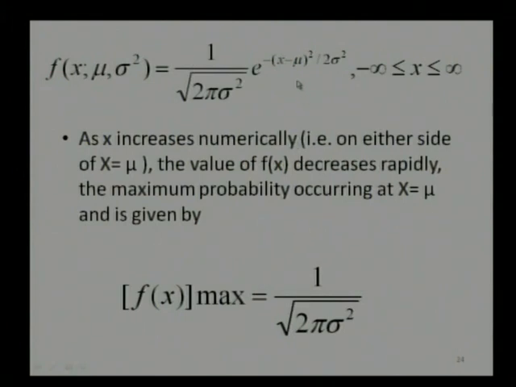I repeat: this power is negative and we want to maximize this function f(x), so whenever we take x equal to mu, the power of the exponent becomes 0 and e raised to 0 is equal to 1. So the maximum of this function is 1 upon sigma root 2 pi.